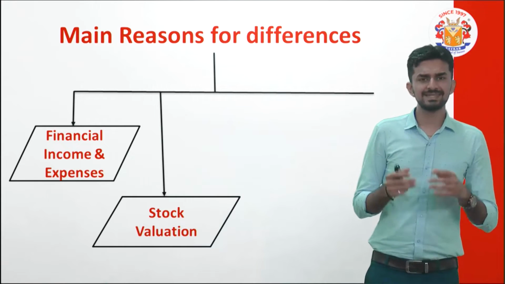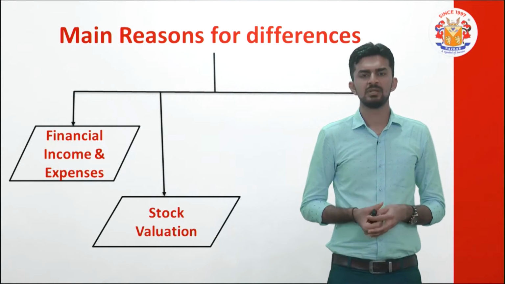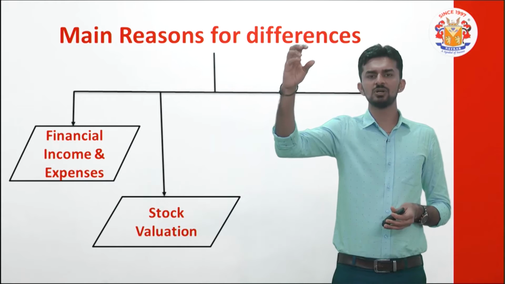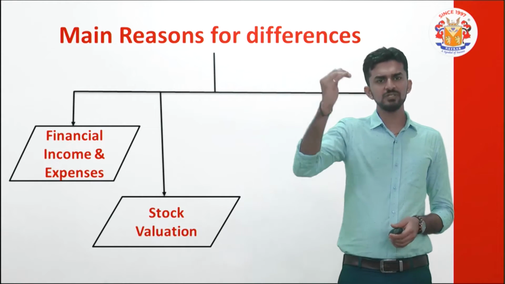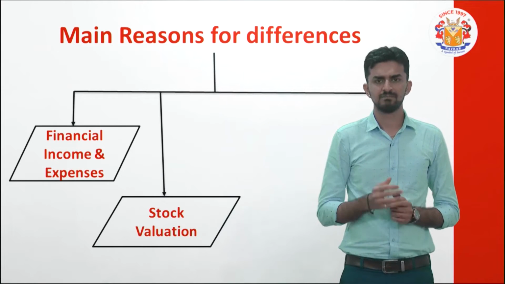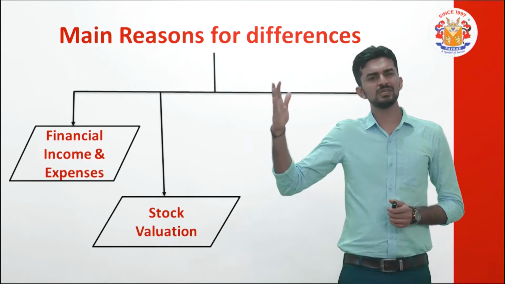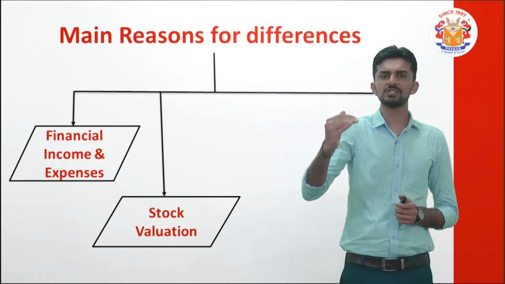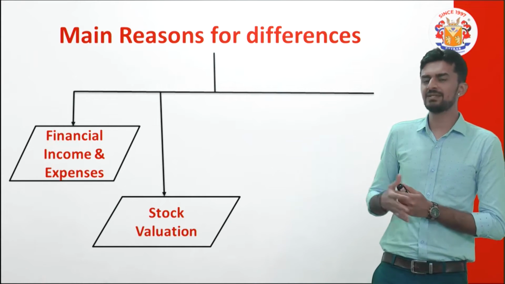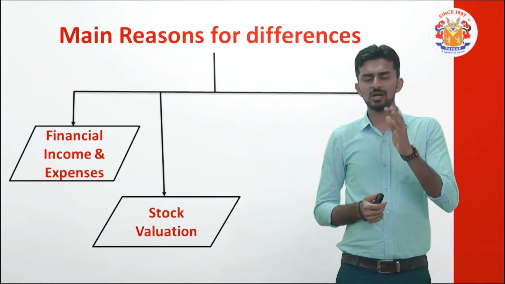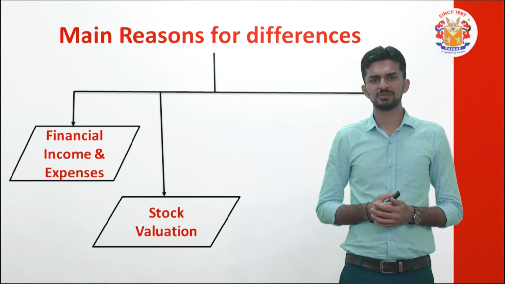As a result, let's put it in example form. There is a finished goods stock of 1000 units, cost of which is rupees 1 lakh. But due to some reasons, its NRV has fallen to 90,000 rupees. Now year is ended, your accountants are preparing their P&L account.